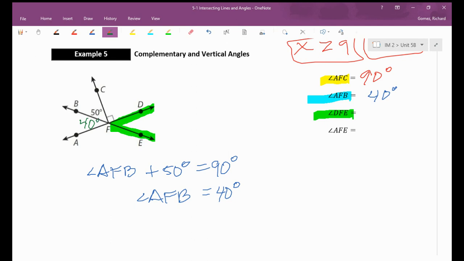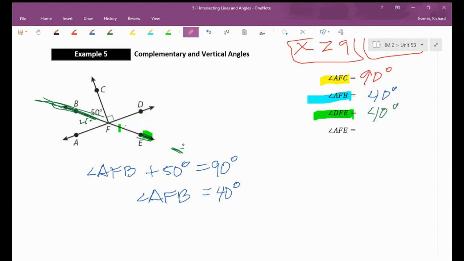So if 40 plus 50 is 90, the other one is 90, the rest of it is 180. But what we easily see is that these are vertical angles. There's an X here, right? These two intersecting lines create an X. So that means that vertical angles are directly opposite angles, so that would also equal 40 degrees.